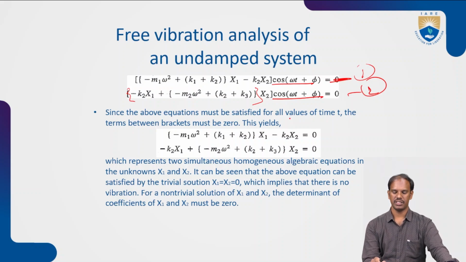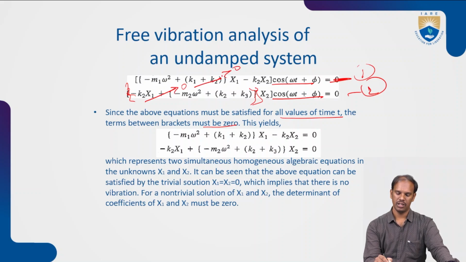Since the above equations are satisfied for all values of real time, the terms between the brackets must be 0. So all these terms within the brackets are going to be 0.